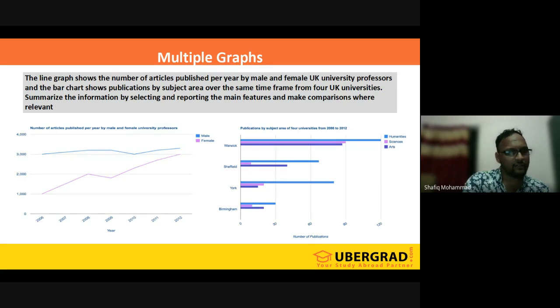Very good, very good. Iram's is also good. So Iram, you wrote both, the bar chart also. The bar chart depicts announcements made by different stream areas over the identical period from different UK schools.